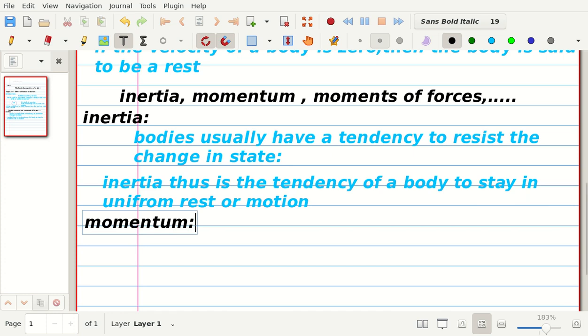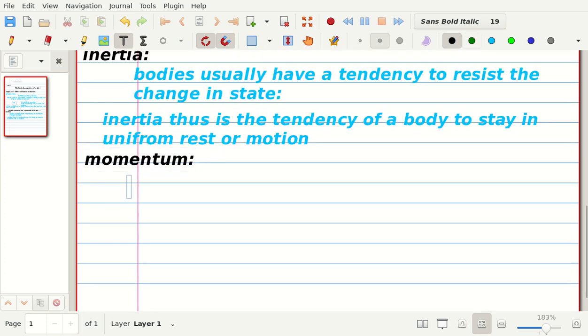We could go into another term called momentum. What is momentum? Again, we change our color. Before I say what I want to say, I usually first give you a scenario. I could put a body A, and I say it's moving.